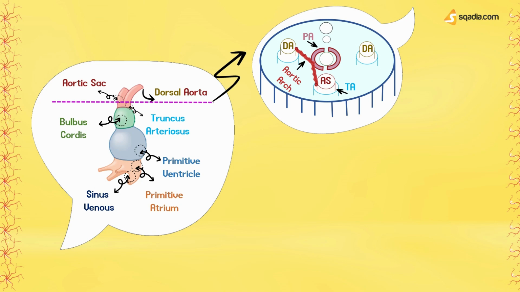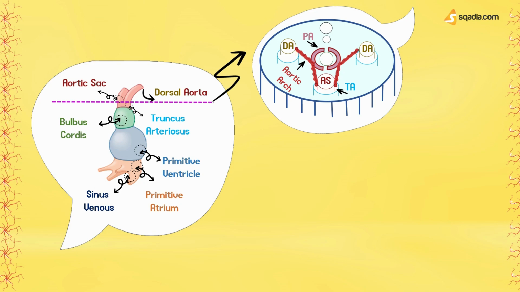Yes, sir. From this aortic sac, new blood vessels arise through vasculogenesis. It is the formation of new blood vessels from cells that were not blood vessels before. Now, these blood vessels move from the aortic sac to pharyngeal arches and then form a connection with the dorsal aorta.